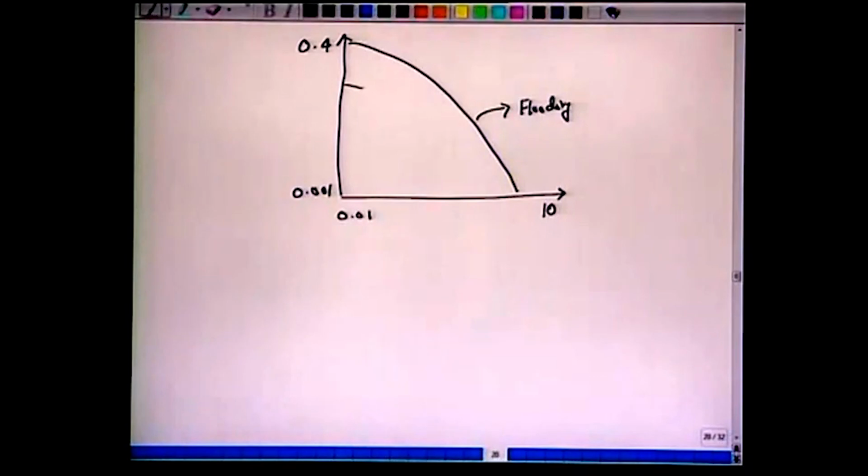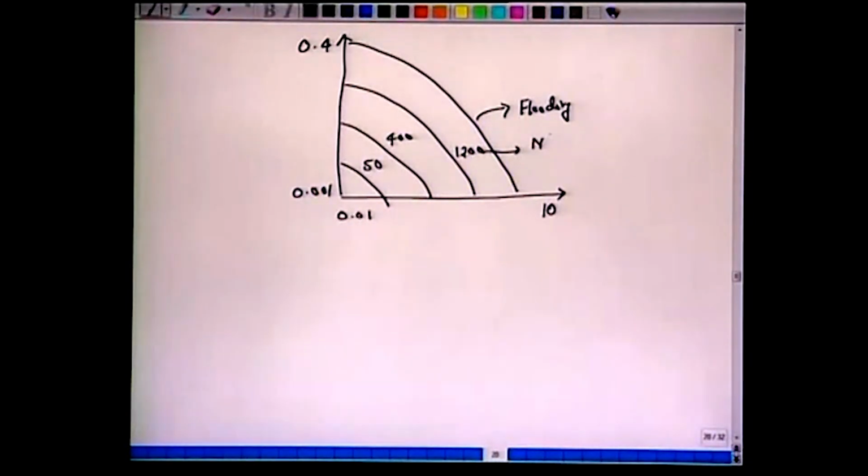And then you have several other curves with different pressure drops. So, this is 1200 for example, 400, and all the units here are Newton per meter square per meter. So, that is your delta P over L.